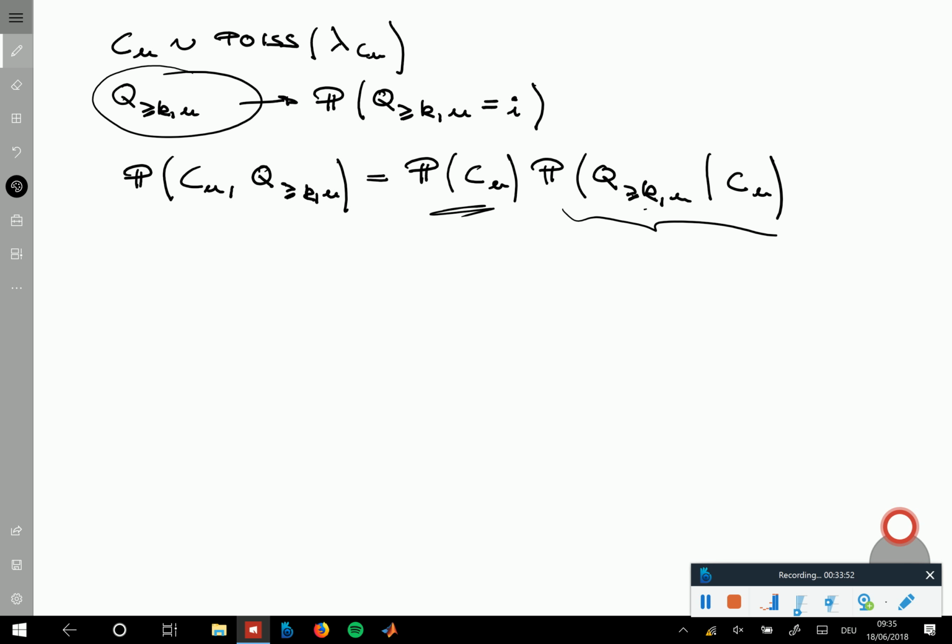Why do we want to evaluate the joint distribution? Because if we marginalize the joint distribution, so if we sum this over all values that I might take, so all numbers of clusters that are possible, if we marginalize this joint distribution over this random variable, what do we get?